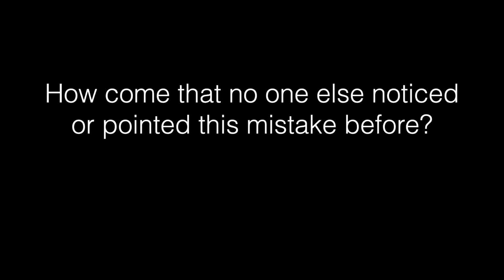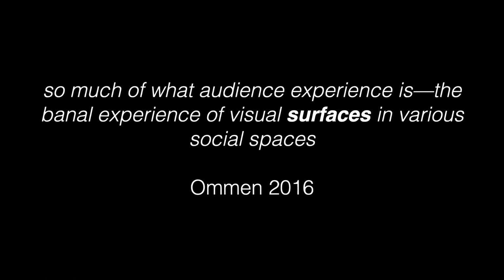Historians, critics, and academics are simultaneously public and part of the environment. So the answer to the question above is that no one has noticed the mistake before because there is a tendency towards superficiality. Art history itself, grounded on Oman, needs to be superficial because so much of what audience experience is the banal experience of visual surfaces in various social spaces.